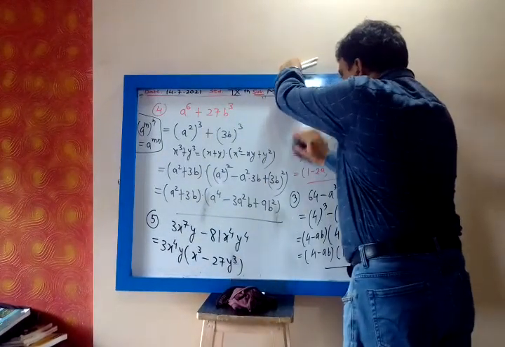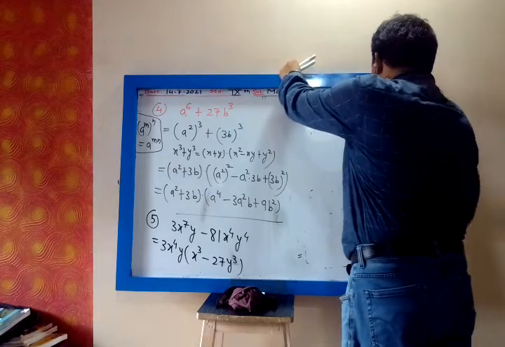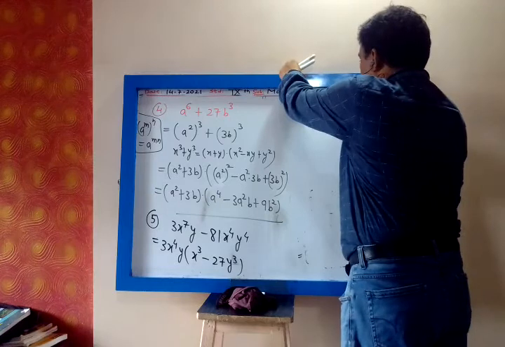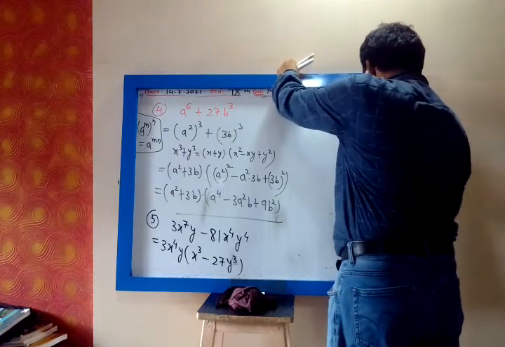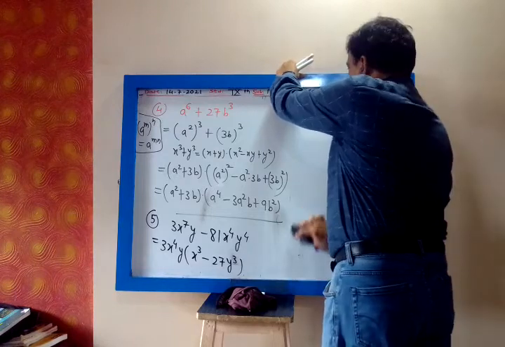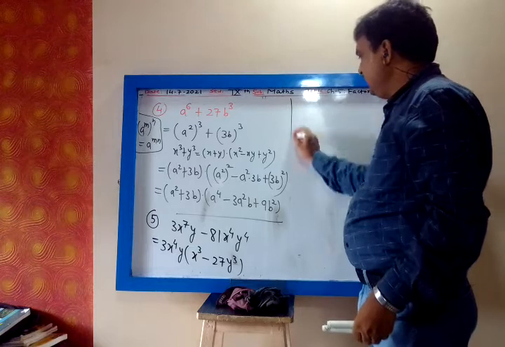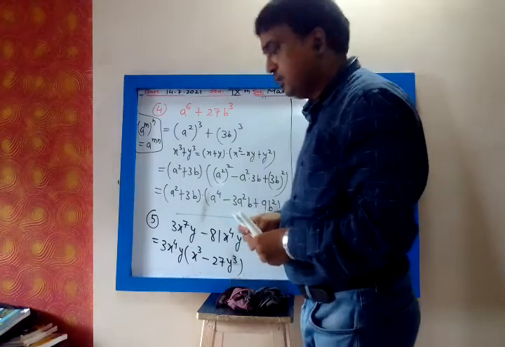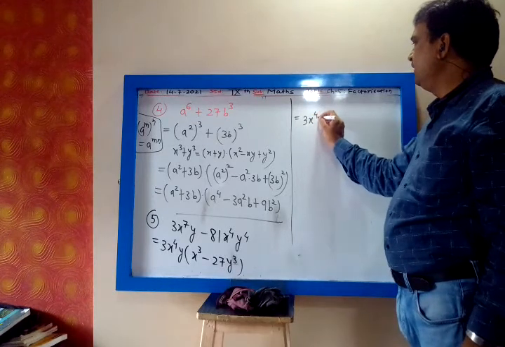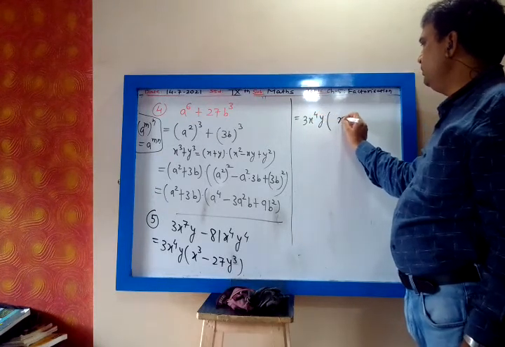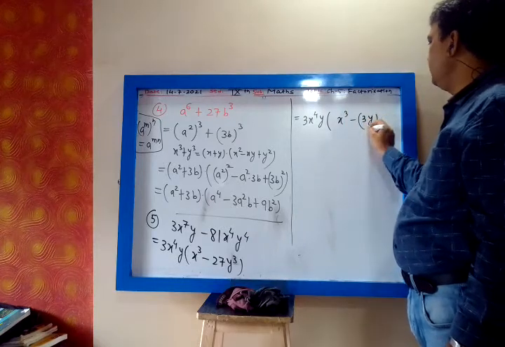So that is 3x raised to 4y into x cube minus 27, and 27 I can write 3y whole cube.